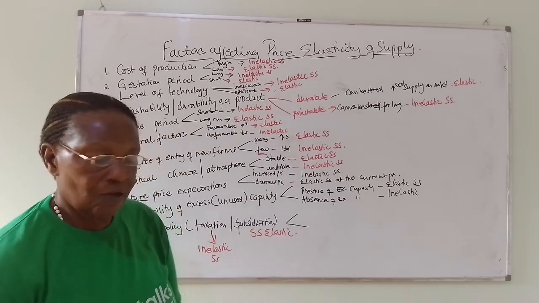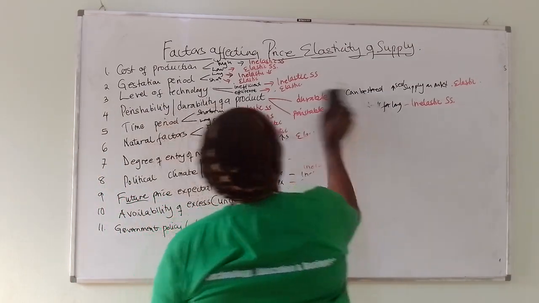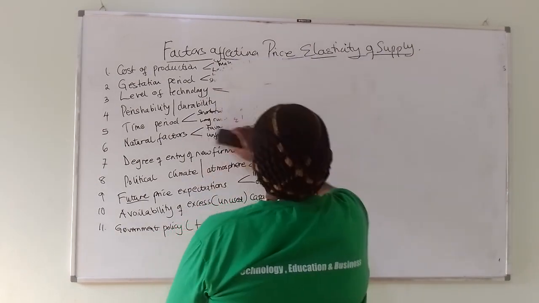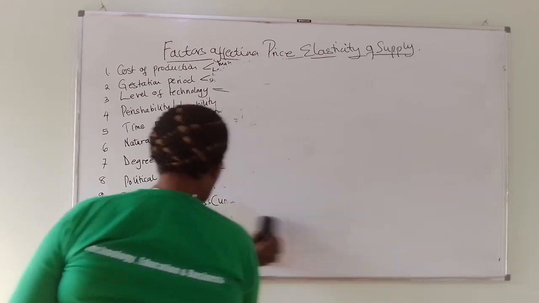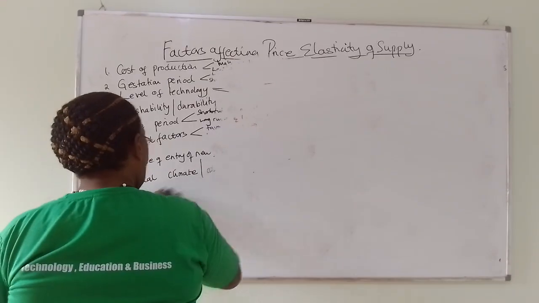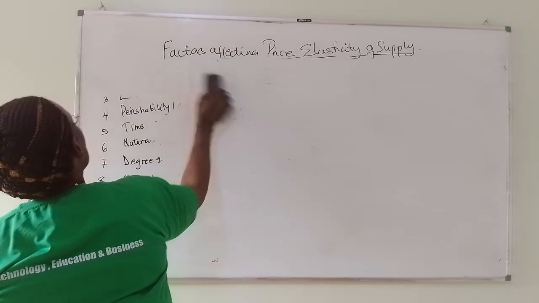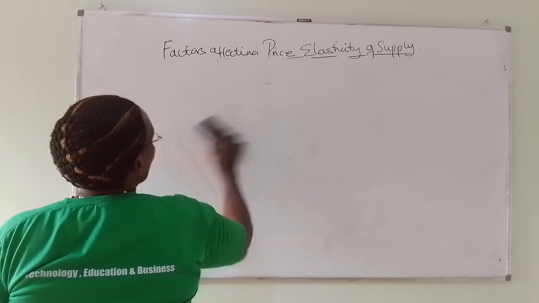That is all we need to know on how to look at changes or factors which affect the elasticity of supply when they are stated in their general way. And we try to bring out the positive and the negative part of it in the same explanation.